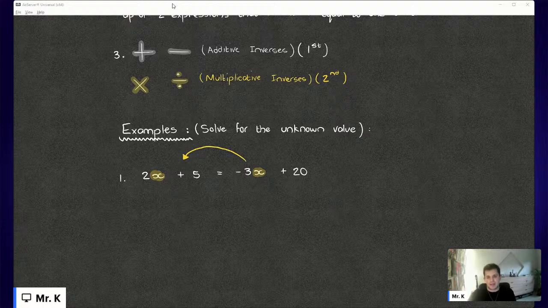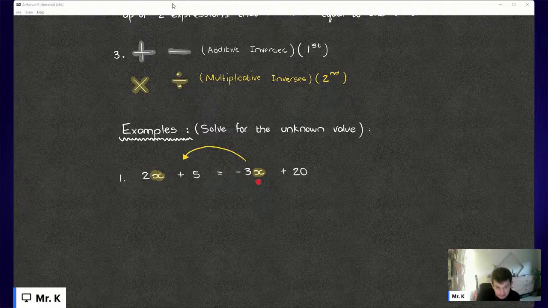That would put my variables together. So how do we do that? If I have a minus 3x on this side, but I want it to appear on this side, how do I cancel out this effect?